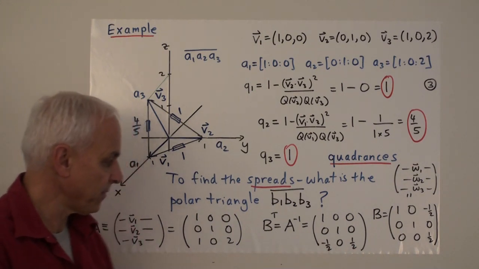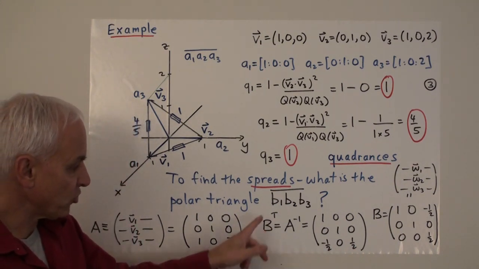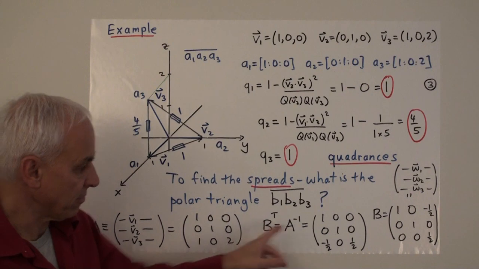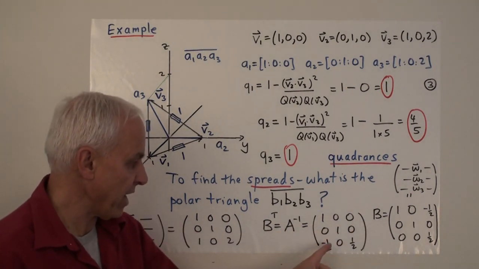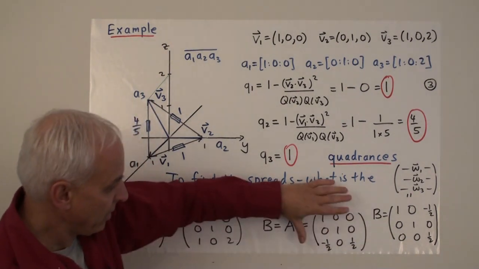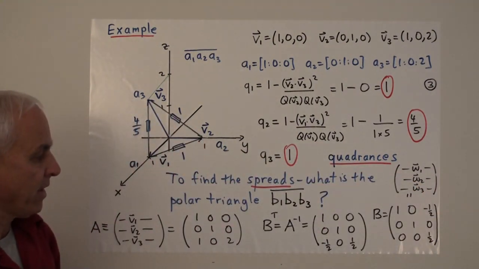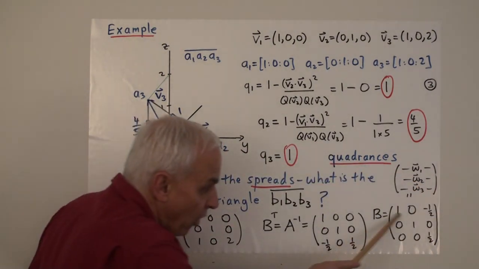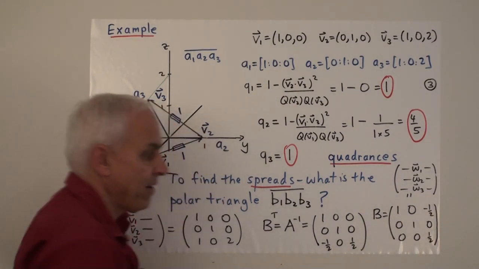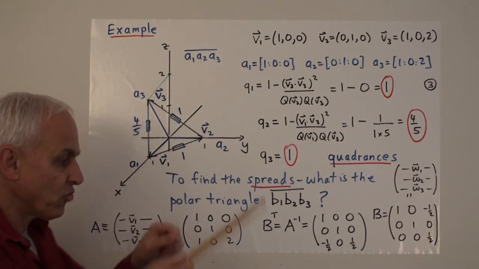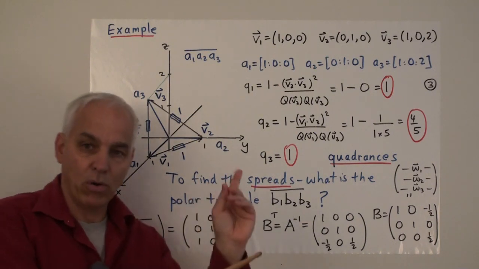There's the inverse. And we consider that to be the transpose of a matrix B. So this B will then be the transpose of that, where we replace rows with columns. Then the rows of this matrix B are the direction vectors for these polar directions.